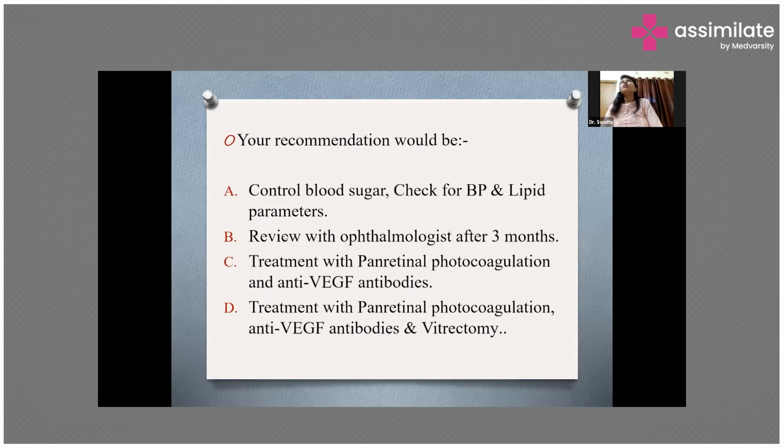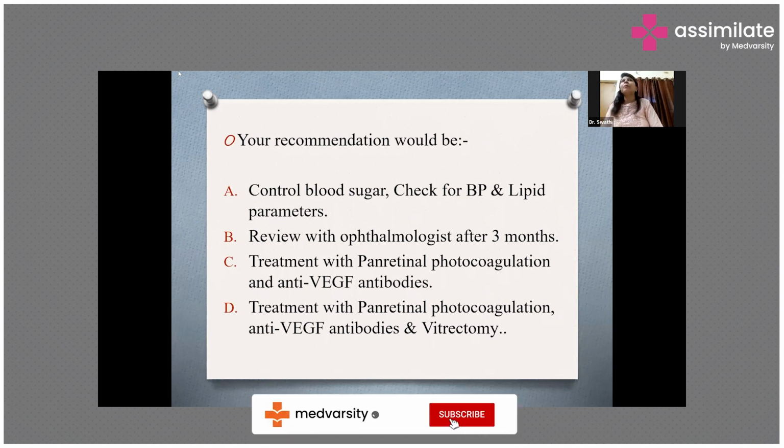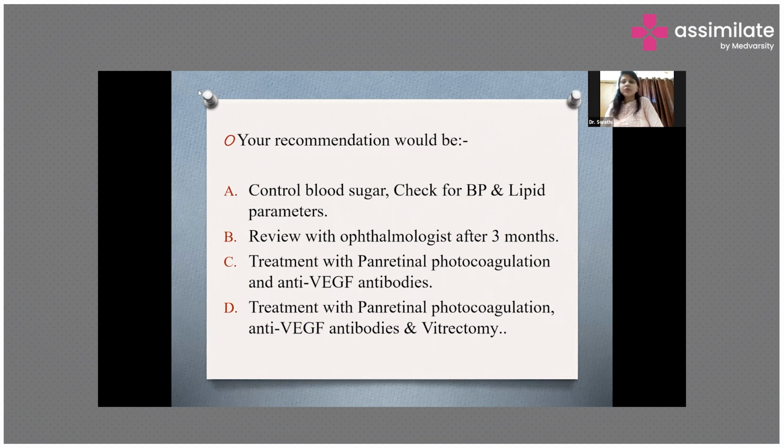Then other comorbidities, which I have already mentioned, first to highlight is nephropathy, next neuropathy, and cardiovascular diseases. These are all risk factors through which a patient can develop diabetic retinopathy. Not necessarily every diabetic patient will end up with diabetic retinopathy. Am I clear in my explanation?